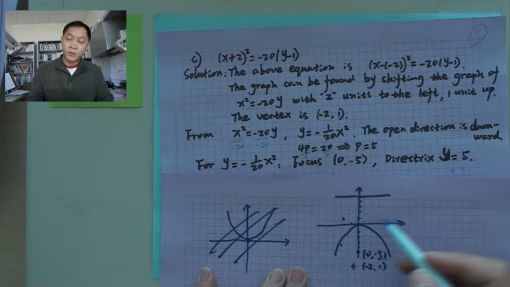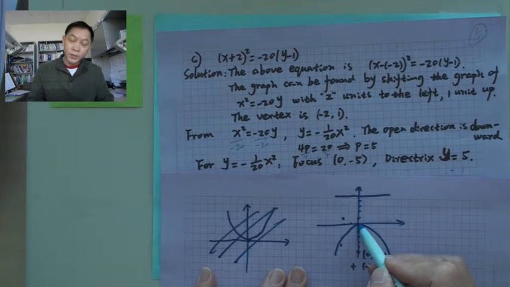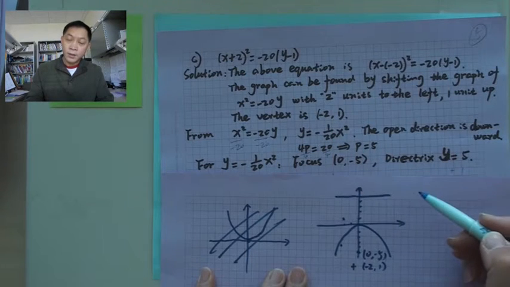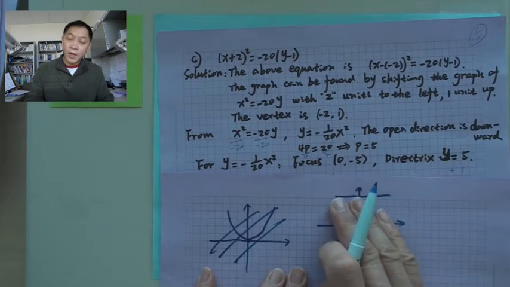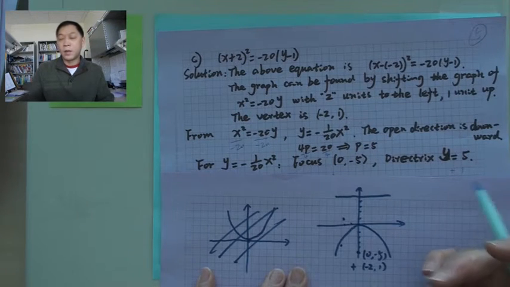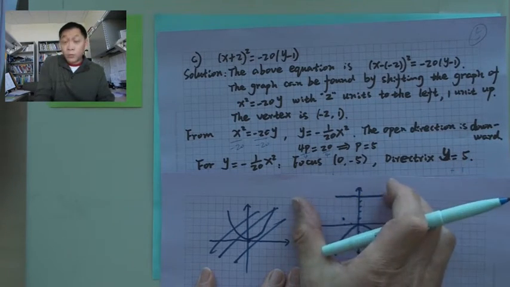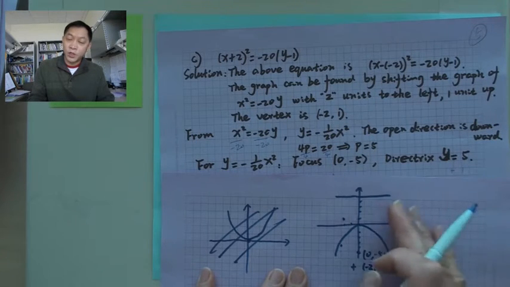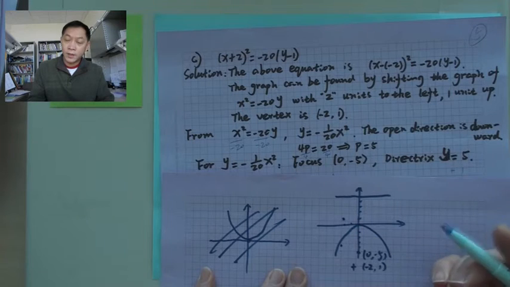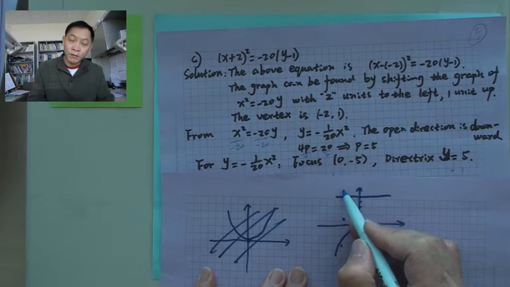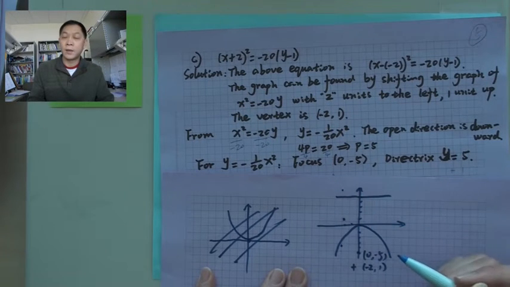Okay. And the vertex goes from the origin 0, 0 to -2, 1. That's right here. You shift the line to the left, but the line goes in 2 directions, so it doesn't feel like you actually shift it horizontally. But you do have 1 unit up. So eventually the directrix line is over there.